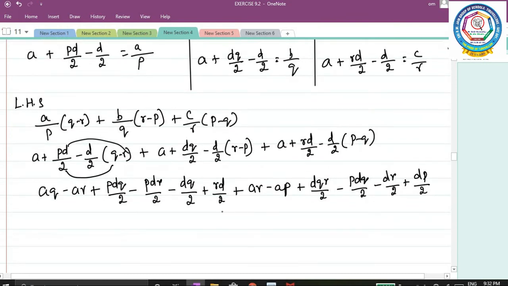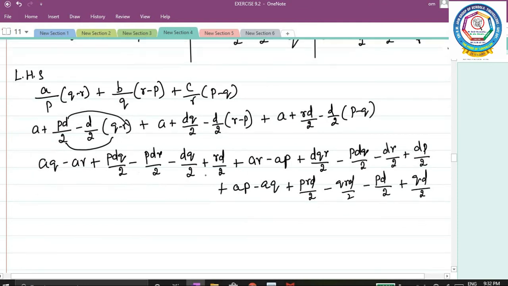Next one, plus ap minus aq plus prd by 2 minus qrd by 2 minus qpd by 2 minus of minus plus qd by 2.